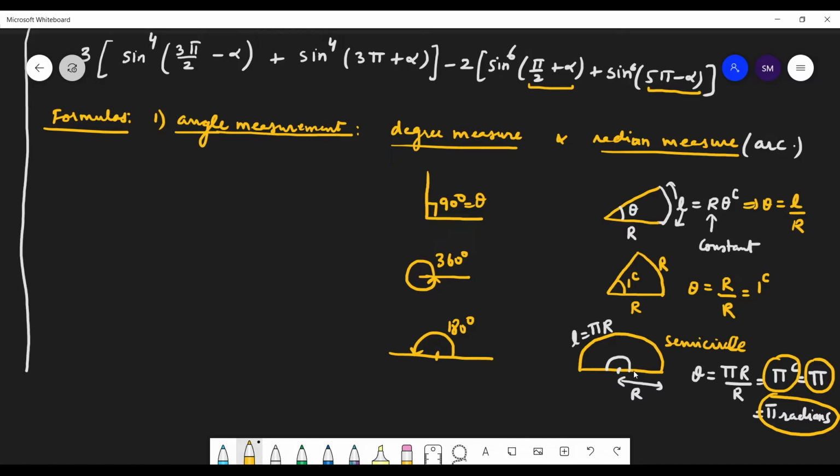I call this quadrant the first quadrant, this the second quadrant, this the third quadrant, and this is the fourth quadrant. So I have 4 quadrants. I've divided 360 into 4 quadrants.